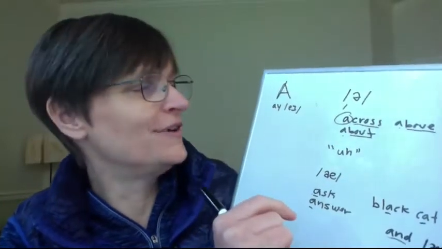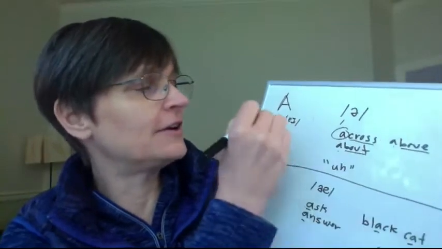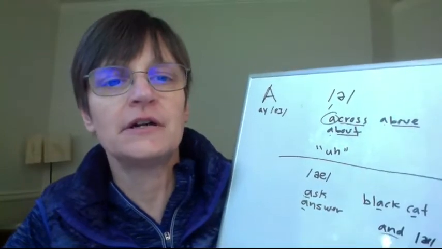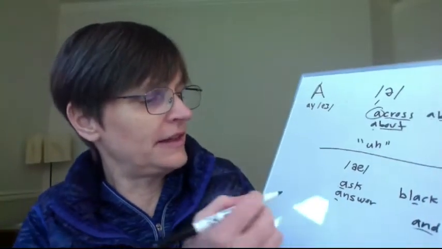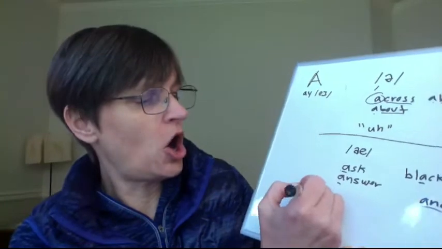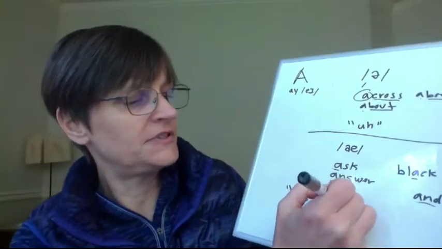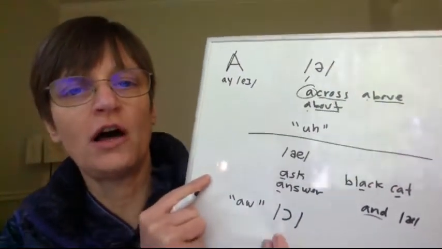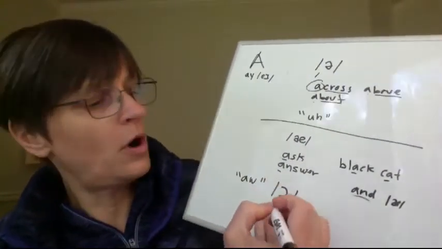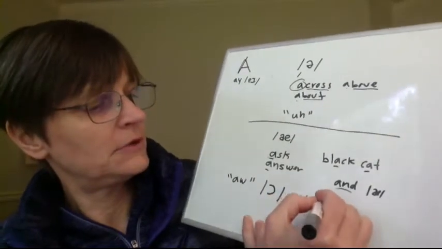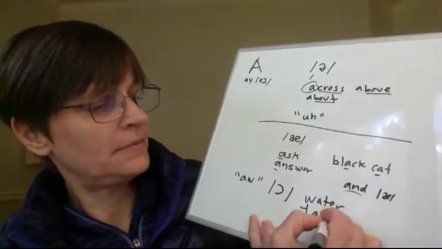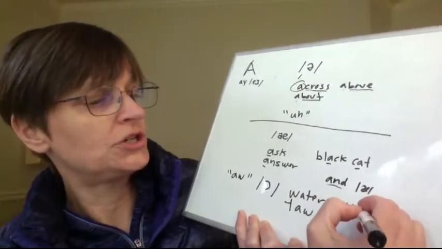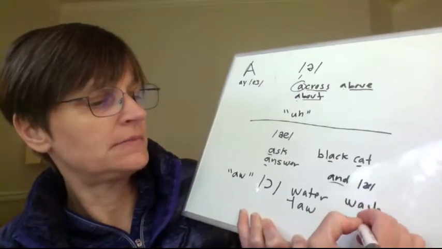Unfortunately, there are even more vowels that letter A can say. Another vowel that letter A can say is the ah sound. The symbol for ah looks like this. And some example words for ah are words like water, law, wash and want.